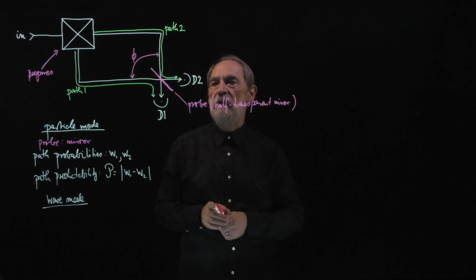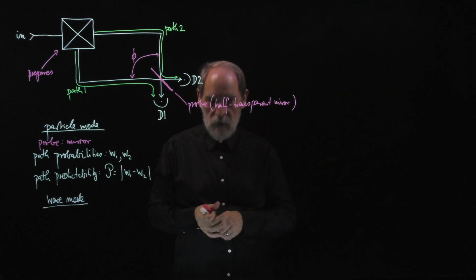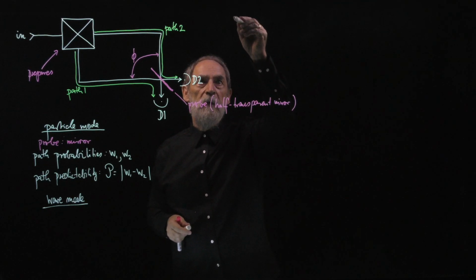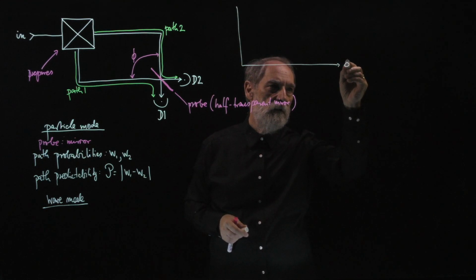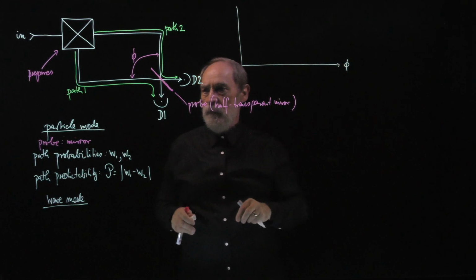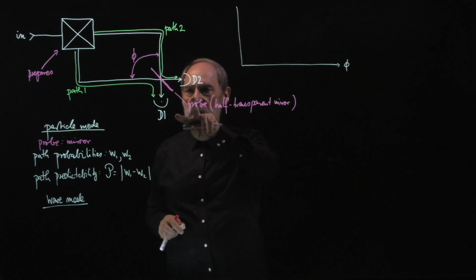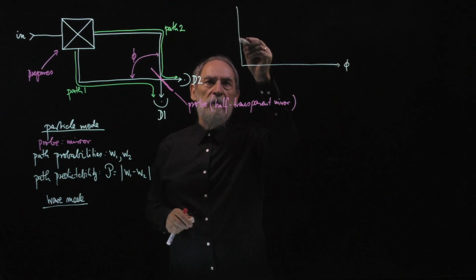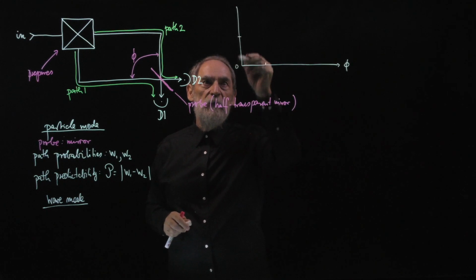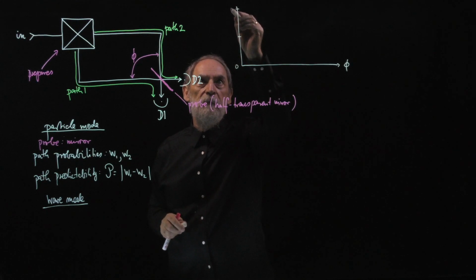After we have done this for very many values of phi, we plot as a function of phi the relative frequencies of detecting the particle at detector 1 and detector 2. So this will be numbers between 0 and 1.